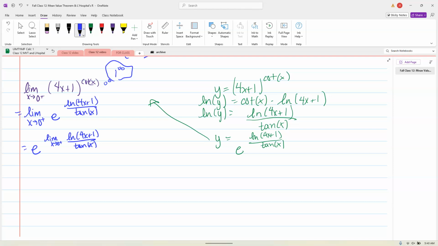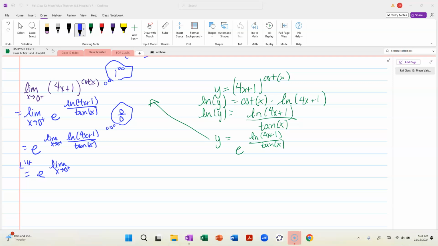So I need to verify indeterminate form. If I do so, I would get 0 over 0. Okay, good. And then by L'Hopital's rule, I would get e to the limit as x goes to 0 from the right.